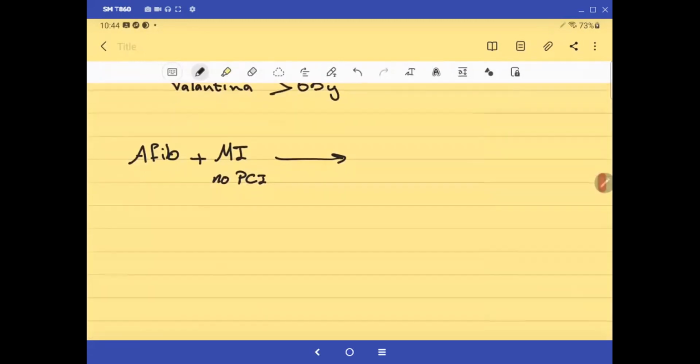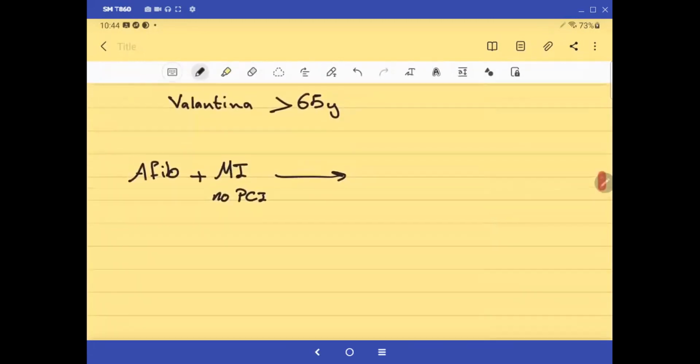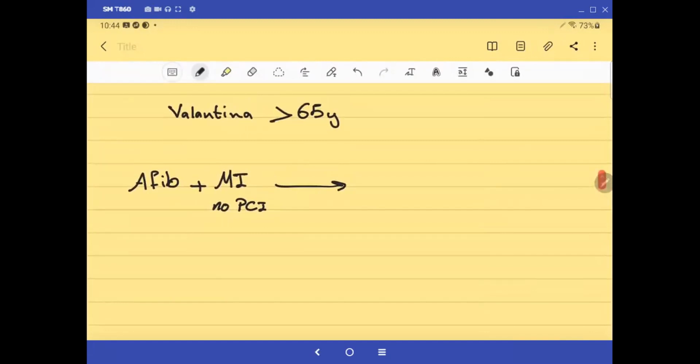Okay, so probably we need to give him something like aspirin in addition to the warfarin. Like you are saying oral anticoagulant plus aspirin, correct? Yes.